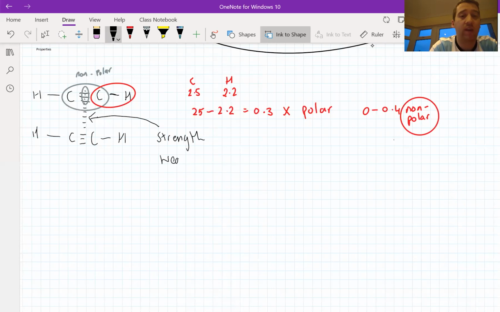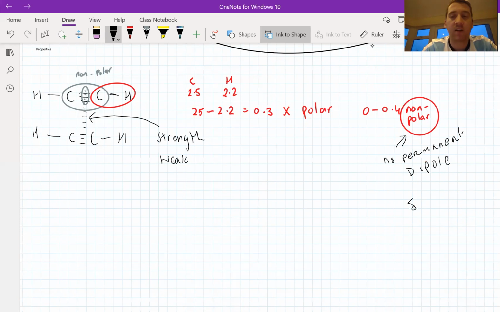They're very weak attractive forces because there is no permanent dipole. A dipole is just an area of positive or negative charge. And remember that delta positive attracts delta negative, and we don't have any delta positive and delta negative here. So we don't have any dipoles.